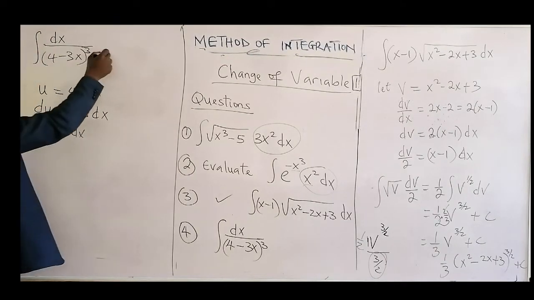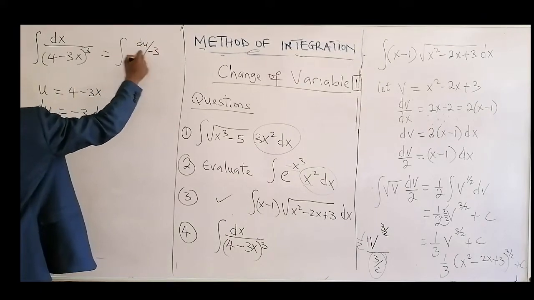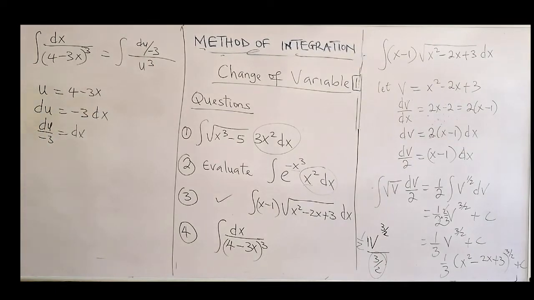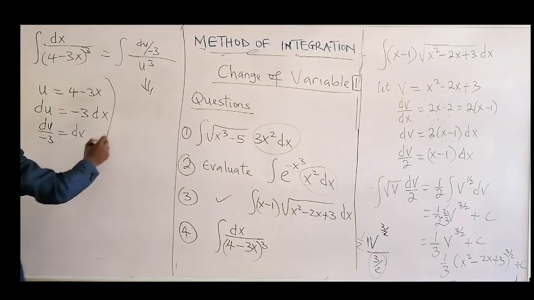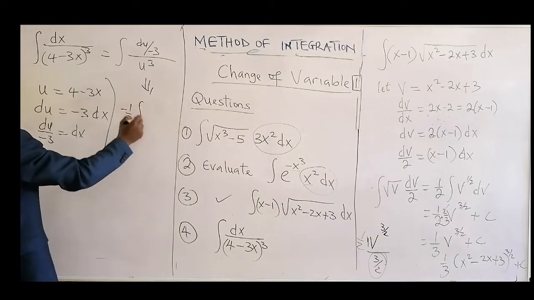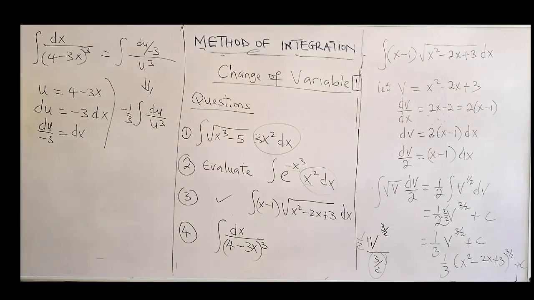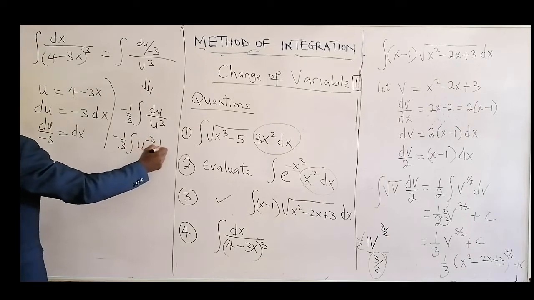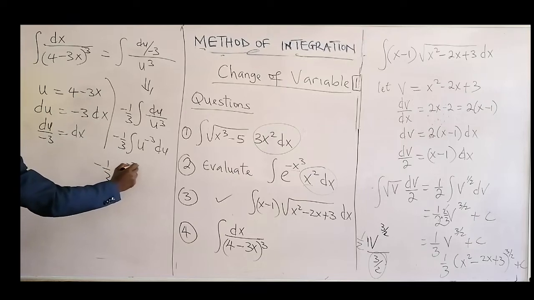So that will be equal to the integral of du over minus 3, all over u cubed. Then you can move that, so this will be equal to minus 1 over 3 integral du over u cubed. So that will be equal to minus 1 over 3 integral u to the minus 3 du, which is equal to minus 1 over 3 u to the minus 3 plus 1.